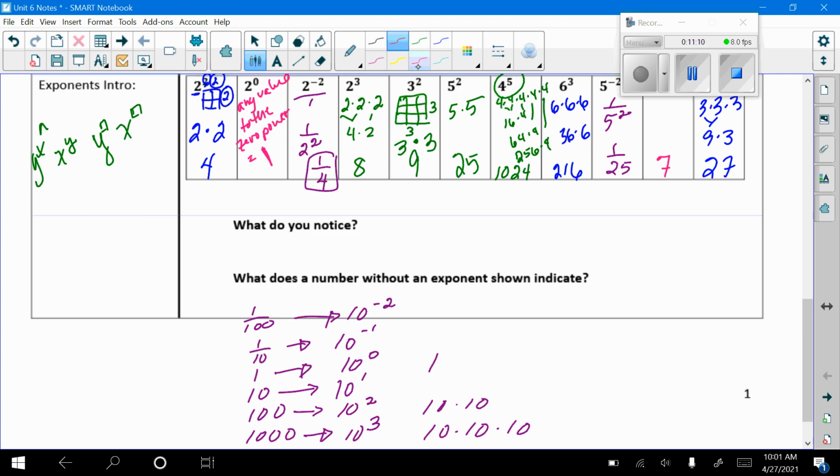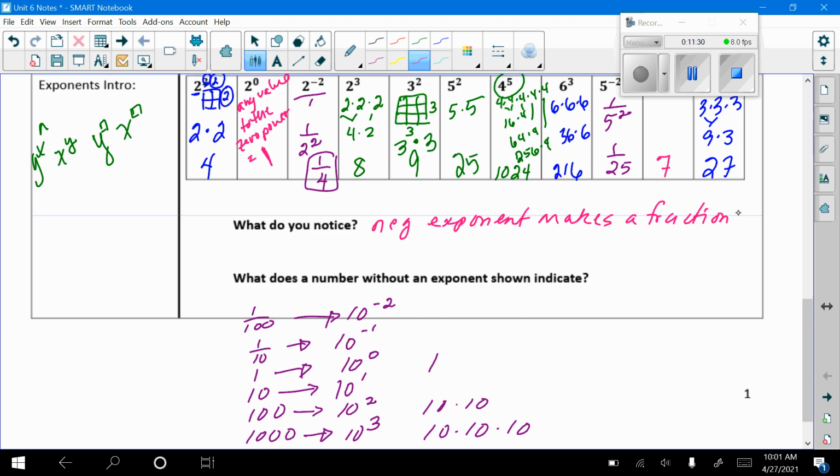Overall, let's see what we have here on our what do you notice. Now, hopefully you notice a few things. Hopefully you notice that a negative exponent makes a fraction or rational.